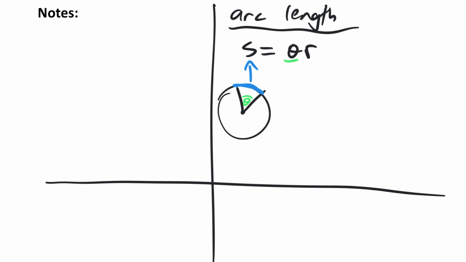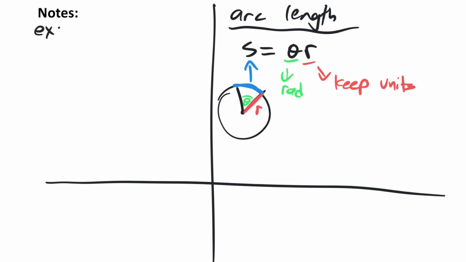And then r is going to be this length here. Now, theta always has to be in radians. And r, we're going to want to keep our units. Keep the units for the end. But otherwise, it's a pretty straightforward formula. Nothing too crazy to go wrong here.